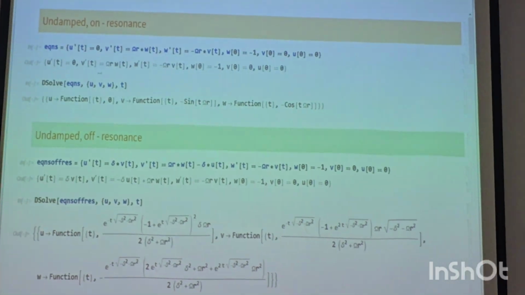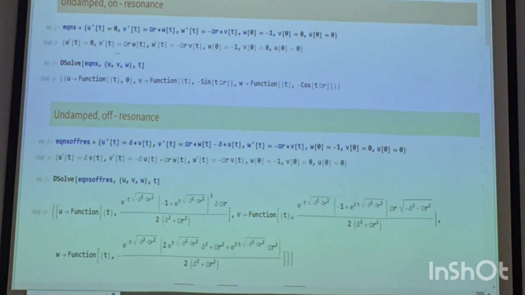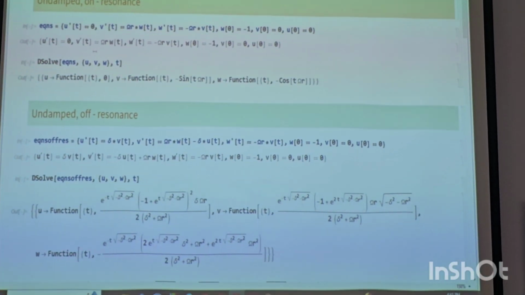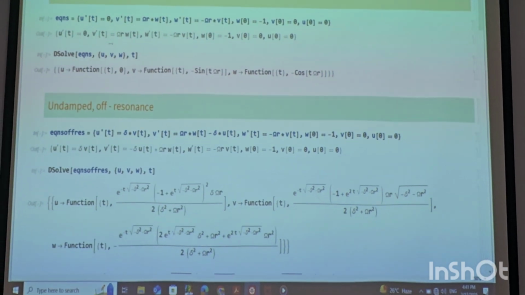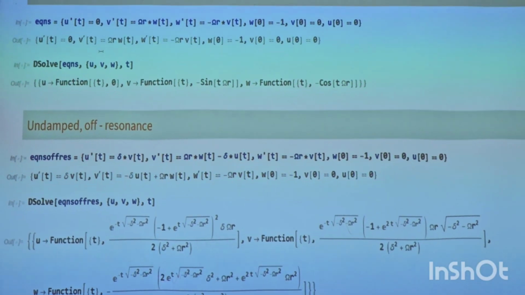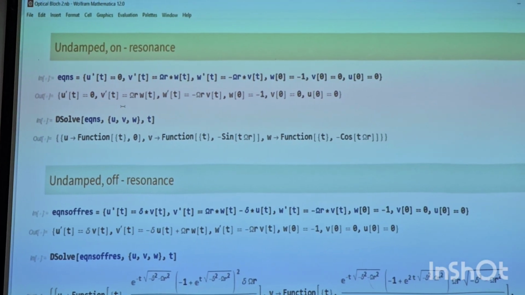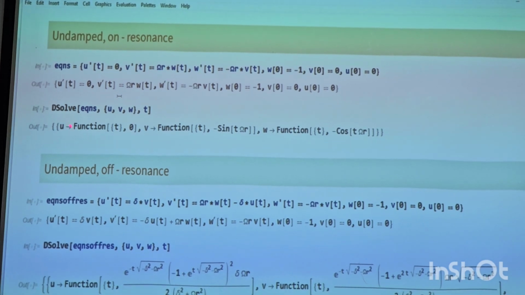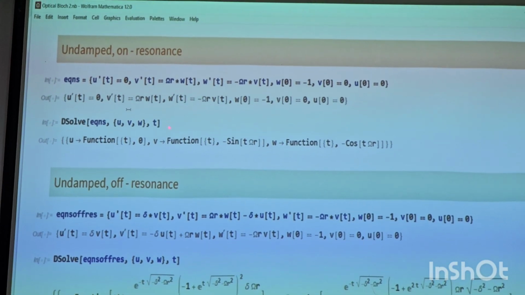The undamped case. So what I do here is initially I define my 3 equations.